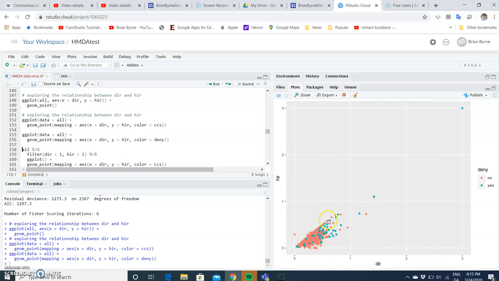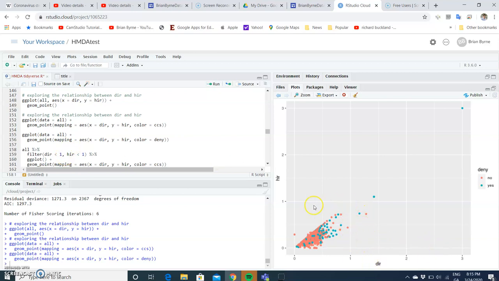Less evident, but maybe we can do the same with HIR, perhaps here at 20% on this side and 40, 45% on this side. There seems to be a cut here if we look at the code, and that is going to be important later on. We could filter the data, since we don't want all of this.